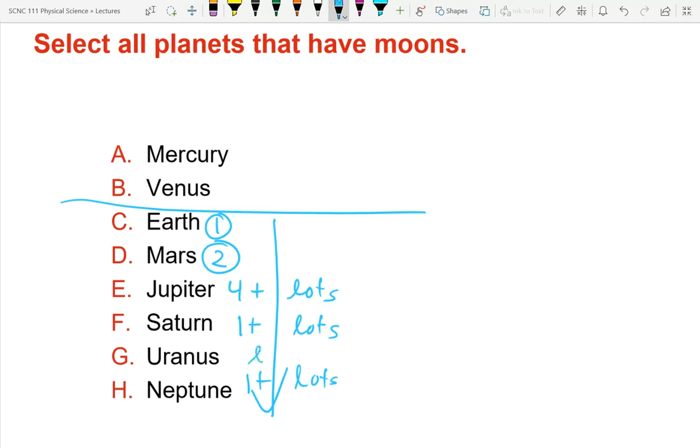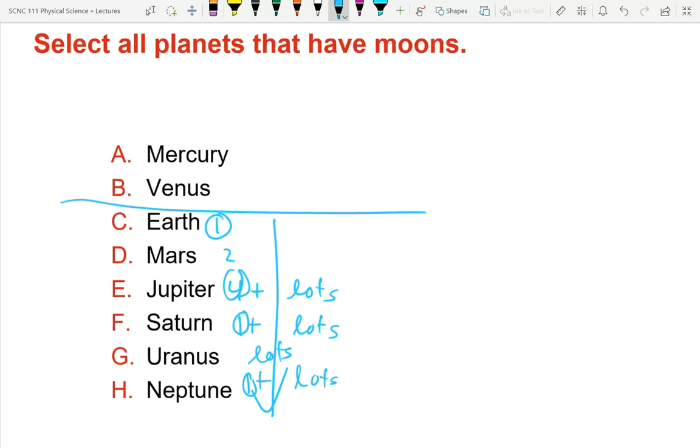And Uranus, I'll just put lots. I don't think Uranus has a large moon. The numbers I put are large moons. Well, actually, I'll circle the large moons. Jupiter has 4 large moons. Saturn has 1. Neptune has 1. Earth has 1. Mars has 2 moons, but they're small.